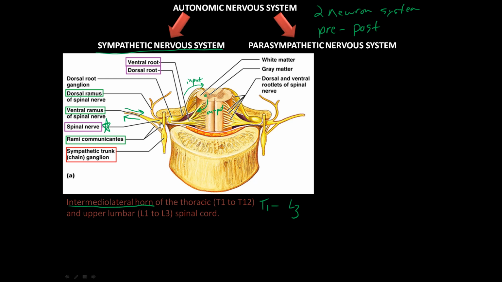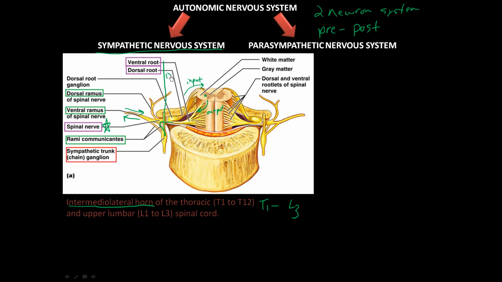They come into the spinal nerve, and then they curve up into what is called the sympathetic trunk, or the paravertebral sympathetic trunk, or the paravertebral ganglion, this ganglion right here. Then they have several options. Option one is they can travel up the sympathetic trunk.